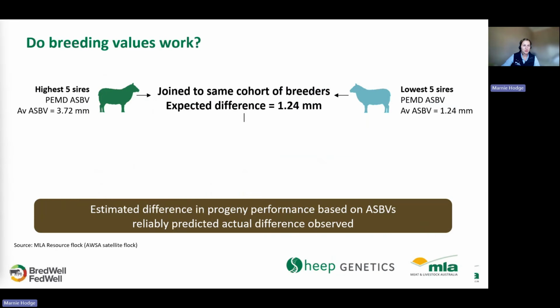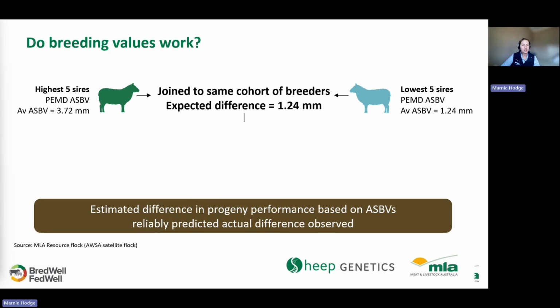So do breeding values actually work? We've gone through and understood what they are, how to interpret them, and how to use them in context. Do they actually translate to any physical difference if you're selecting animals utilizing breeding values? This validation piece was done utilizing some research data that we had in the Sheep Genetics analysis.